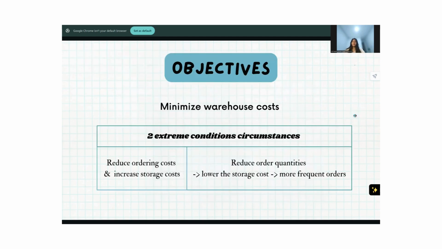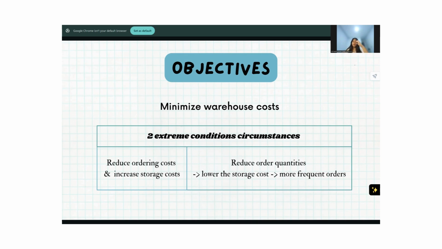Right, so stocking too many socks can clog up our shelf, and this can skyrocket our storage costs. If we stock too few, we're constantly going to order more and racking up the fees.